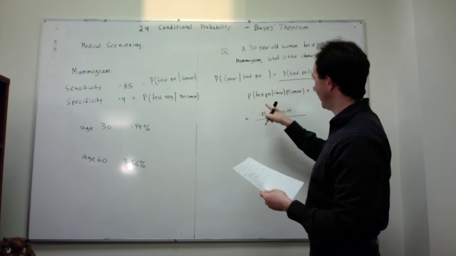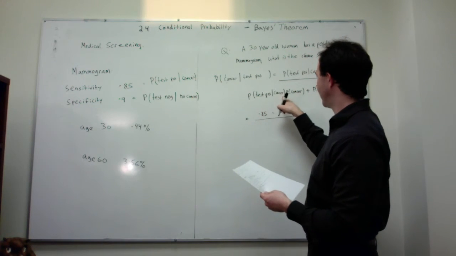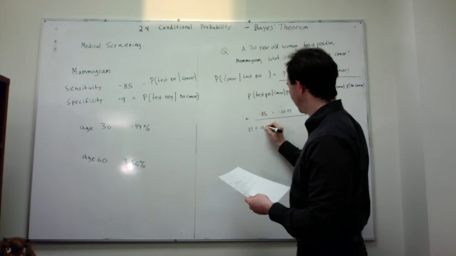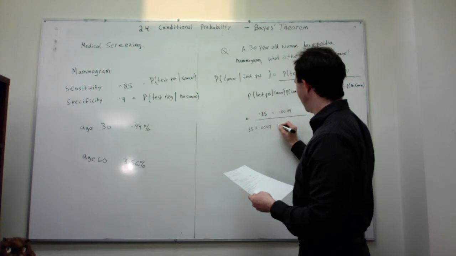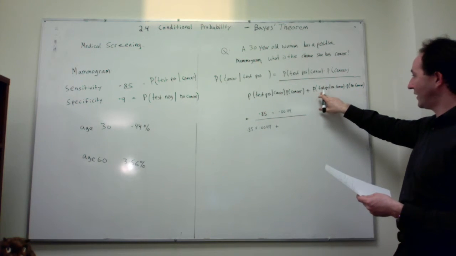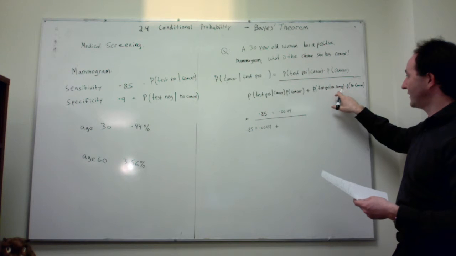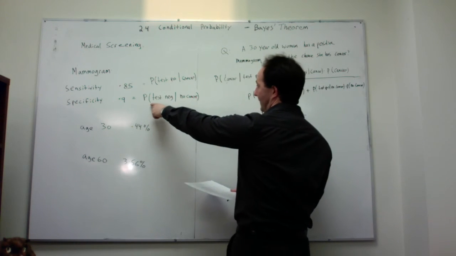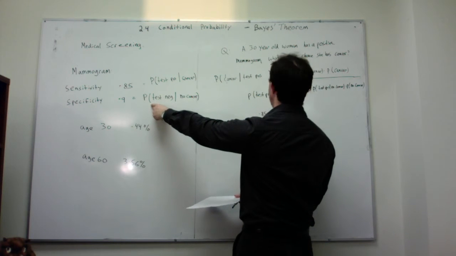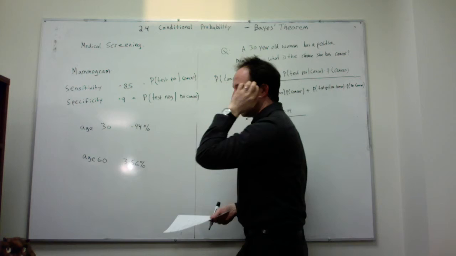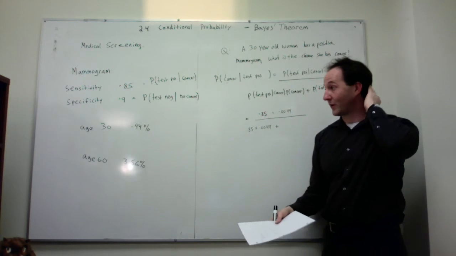And then down here, probability to test positive given cancer, that's the same thing. Plus the probability of testing positive given that you do not have cancer. That is not the specificity, but it's 1 minus the specificity, because the only test results in this case are positive or negative.